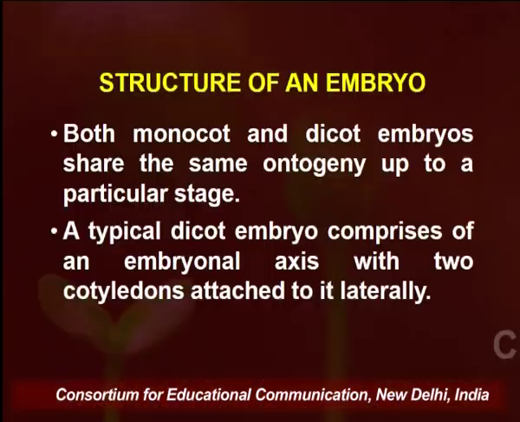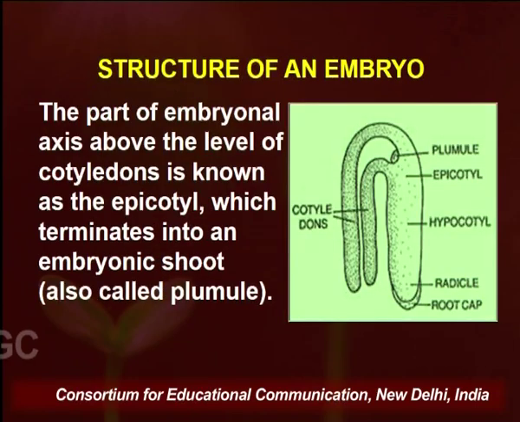You know that both dicot and monocot embryos share the same ontogeny up to a particular stage. A typical dicot embryo comprises an embryonal axis with two cotyledons attached to it laterally. Now you see here that this is a general structure of an embryo.